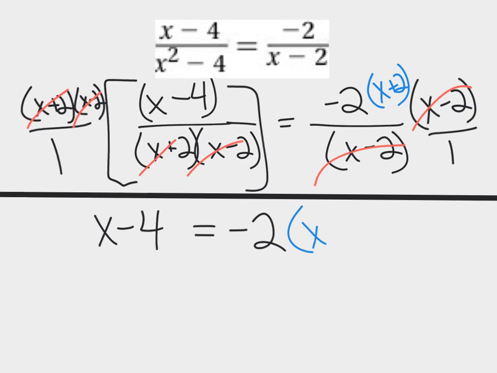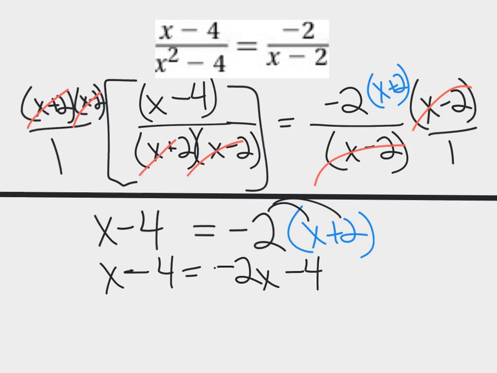So I forgot the x plus 2 over there. So that would be negative 2x minus 4. And then we can add 2x on both sides.